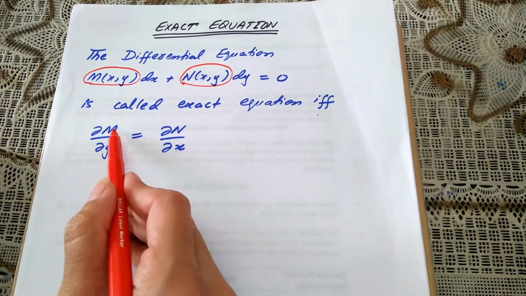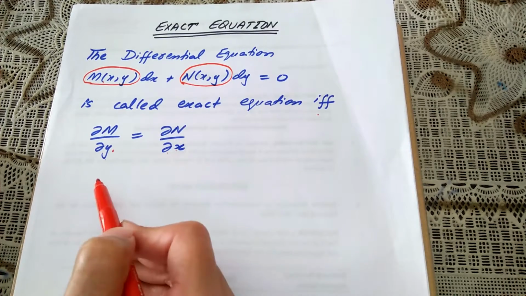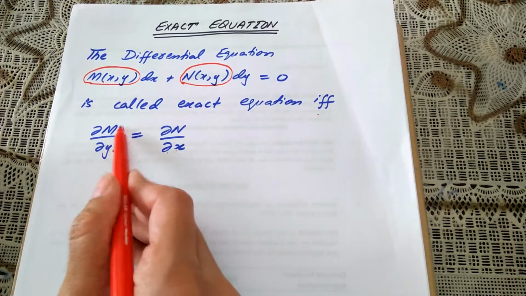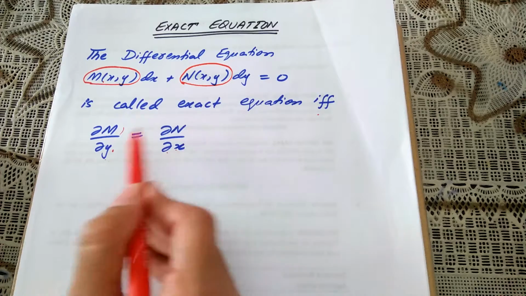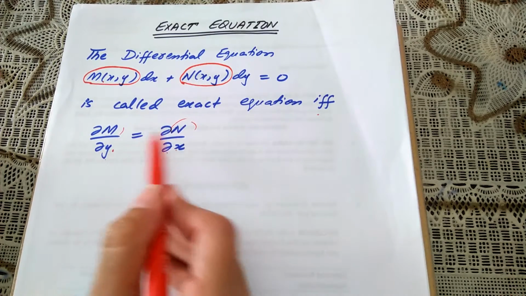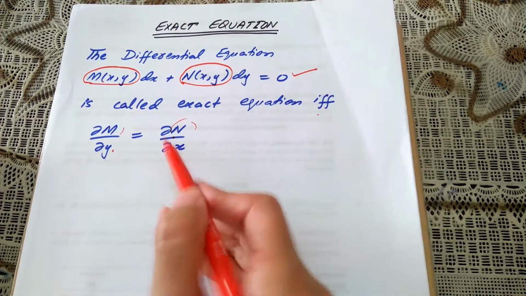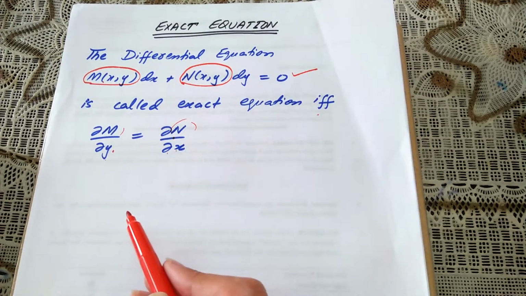That is, partial M over partial y equals partial N over partial x. If both statements are equal, then you can say your given differential equation is exact in nature.